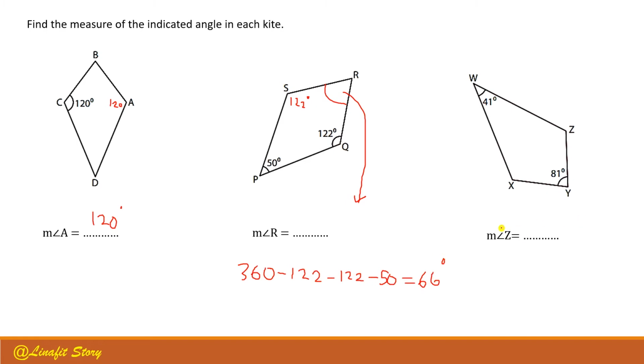To get the measure of angle Z, it is 360 minus 81 minus 41, divided by 2, which is equal to 119 degrees. So this is 119 degrees, angle X. Z is also 119 degrees.